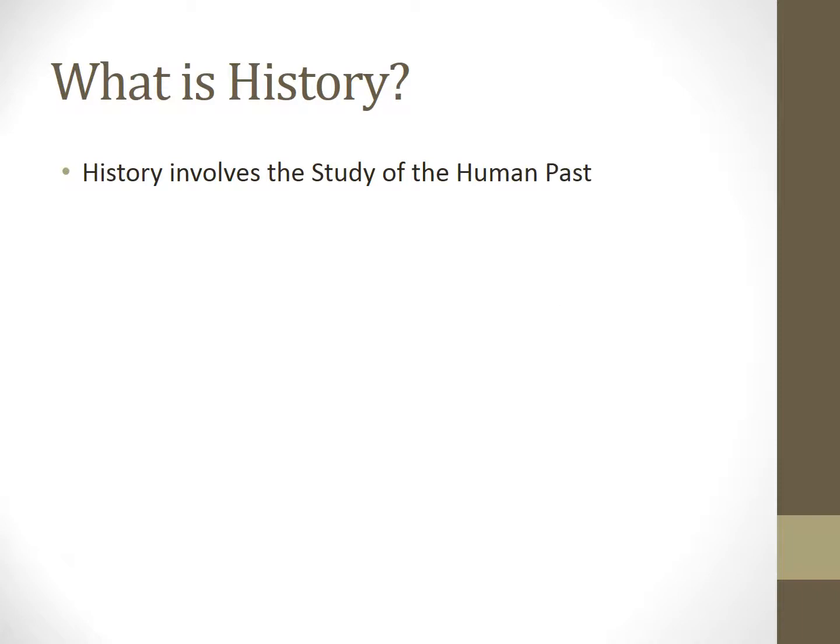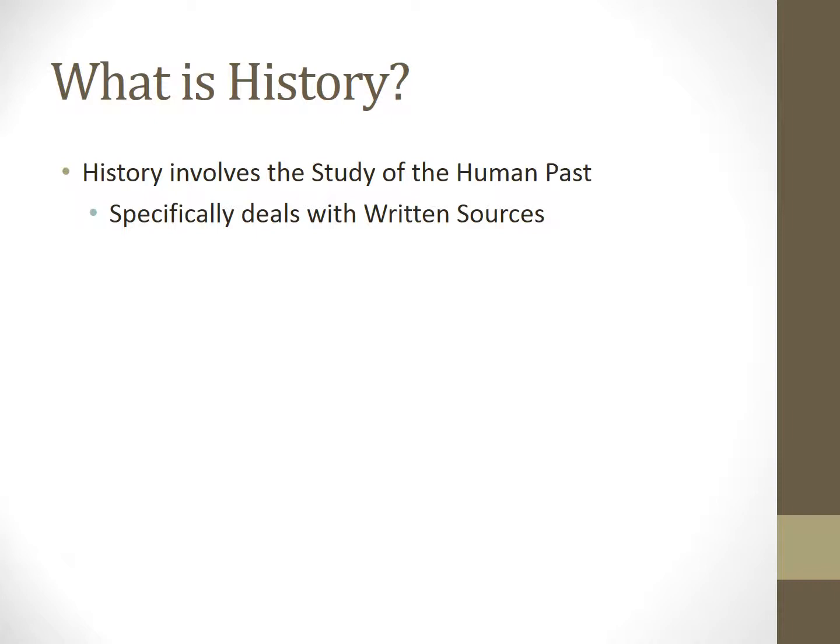So the first thing we need to think about, being the first lesson, is what is history? On one level, history, of course, involves the study of the human past. And historians, more or less, are most interested in written sources. So a historian will examine documents, books, primary source documents, secondary source documents.